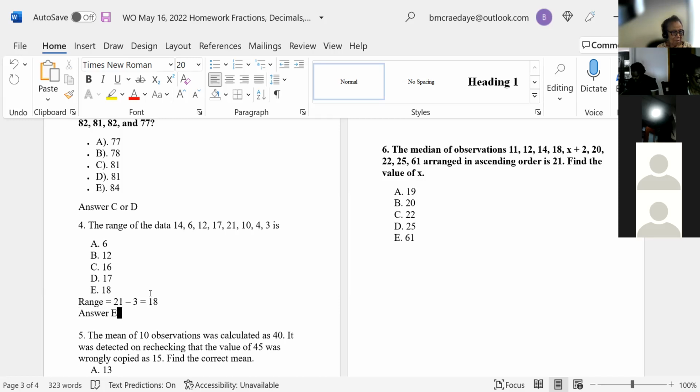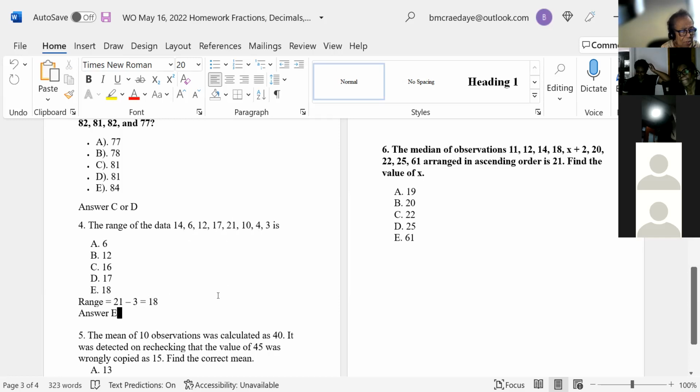Maybe you used the 4, Michelle, because you took the highest, 21, and maybe you didn't see the 3 and put the 4, because that would give you 17. I don't think that's what I did, I was just confused. Okay, well, a range is high minus low. The highest of this data is 21, the lowest is 3, and once you subtract, you get 18, answer E.